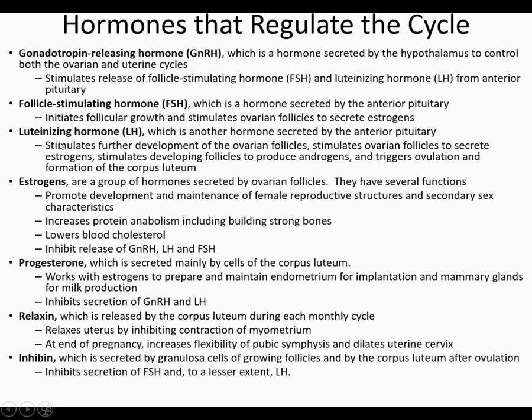We'll see a figure here in just a second where ovulation occurs right after we see LH peaking. Another set of hormones, and we've talked about these before, are the estrogens. These are released by the follicles, and they do something very similar to what testosterone did in men. They promote development and maintenance of the female reproductive structures and secondary sex characteristics, things like growth of the breast and pubic hair, underarm hair.